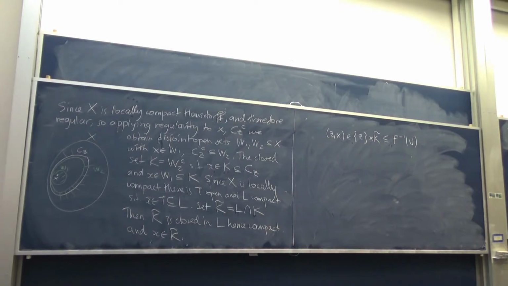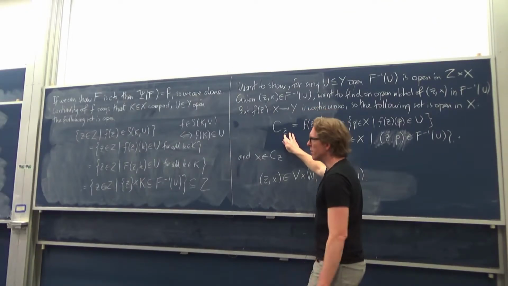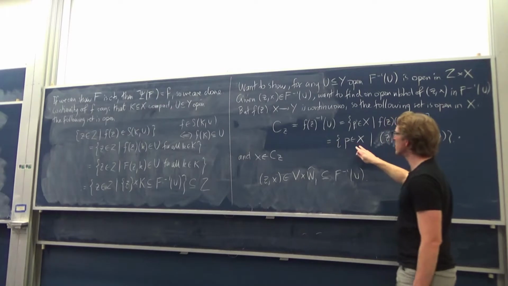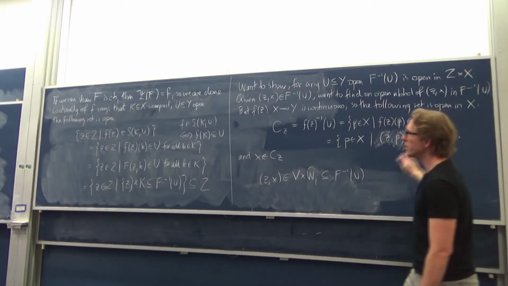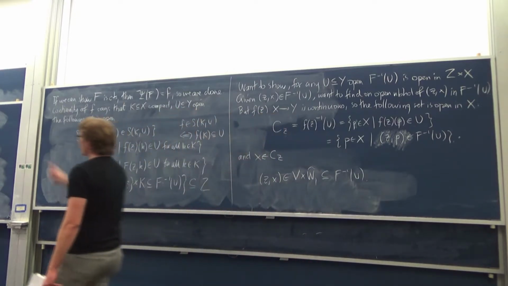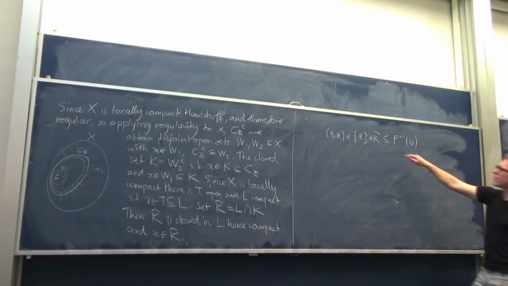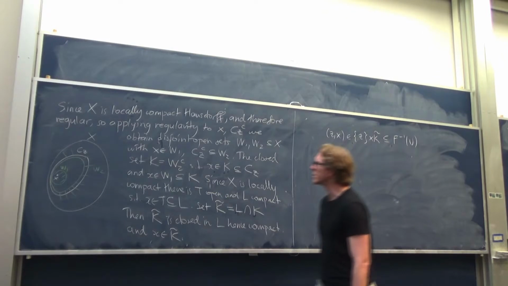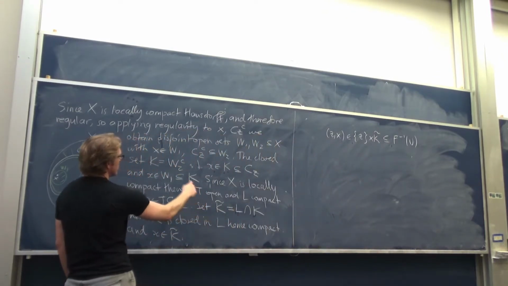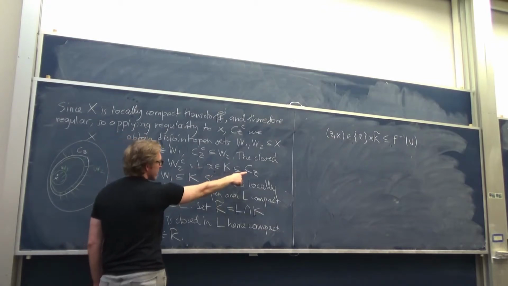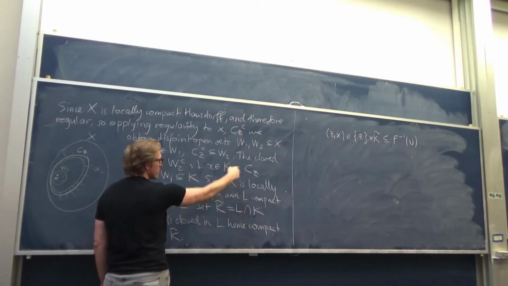Well, we come back to CZ. What's CZ? CZ is the set of all points in X such that Z taken with that point lies in F inverse U. So for this to be true, I'd only have to know that K tilde is contained in CZ. Why is that? K is contained in CZ, and K tilde is a subset of K.